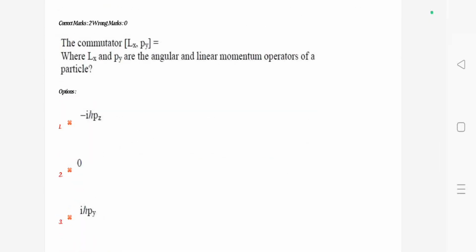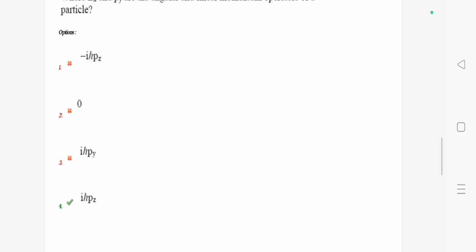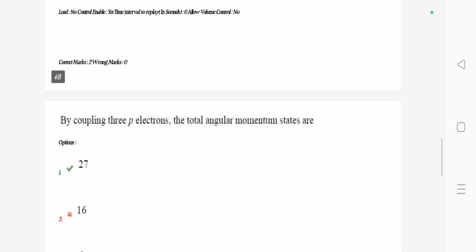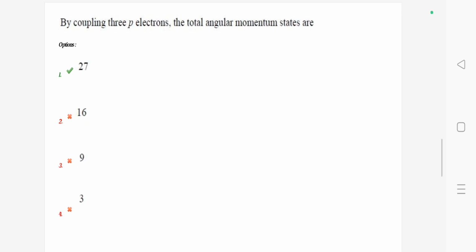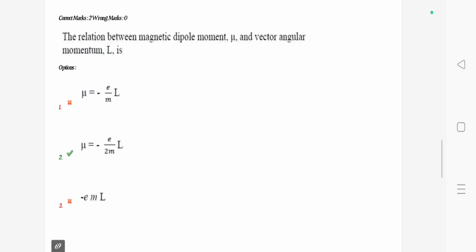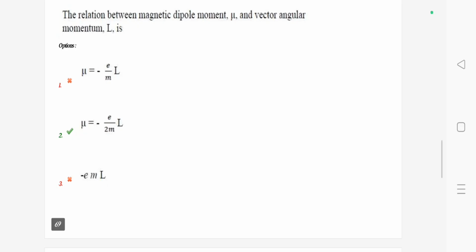The commutator [Lx, Py], where Lx and Py are angular and linear momentum operators, is equal to iħ Pz. Next question. By coupling 3 p electrons, total angular momentum will be 27. The relation between magnetic dipole moment μ and angular momentum L: μ equals minus e by 2m L.